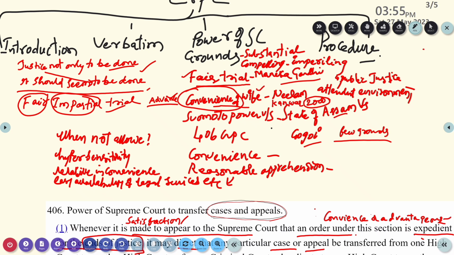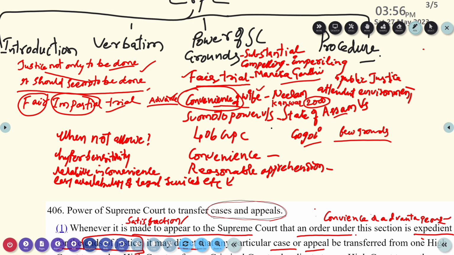What is that? Of course, there is no such specific order, but because of that case we can understand that the Supreme Court can suo motu transfer a criminal case from one high court to another high court, because it happened in that case.